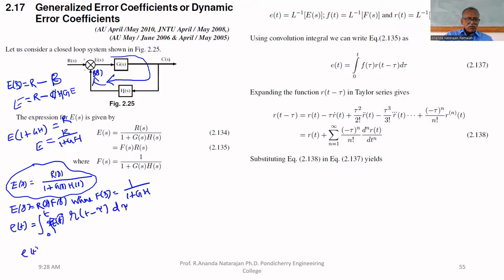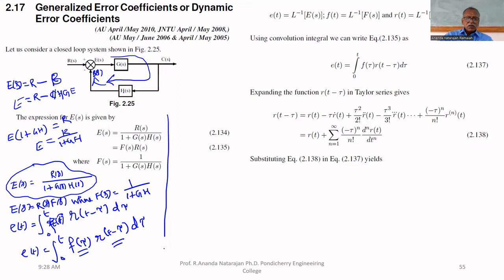E of T equals the integral from 0 to T of F of tau R of T minus tau d tau. It is a convolution of two functions, F of tau and R of T minus tau, with limits 0 to T.